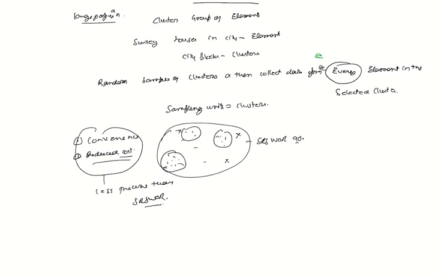So what we really want is that the clusters themselves need to be heterogeneous, and different clusters should be as similar to each other as possible. So within a cluster there should be a lot more heterogeneity, while different clusters should be similar to each other.